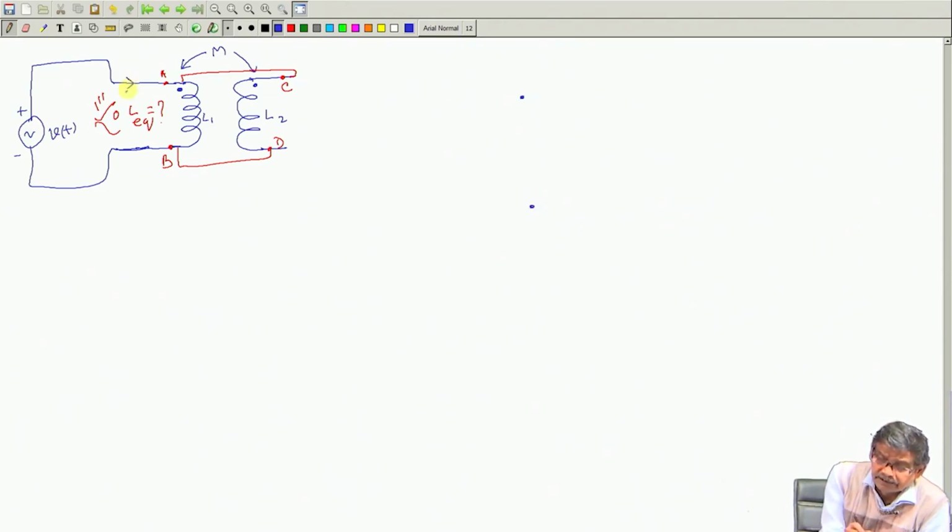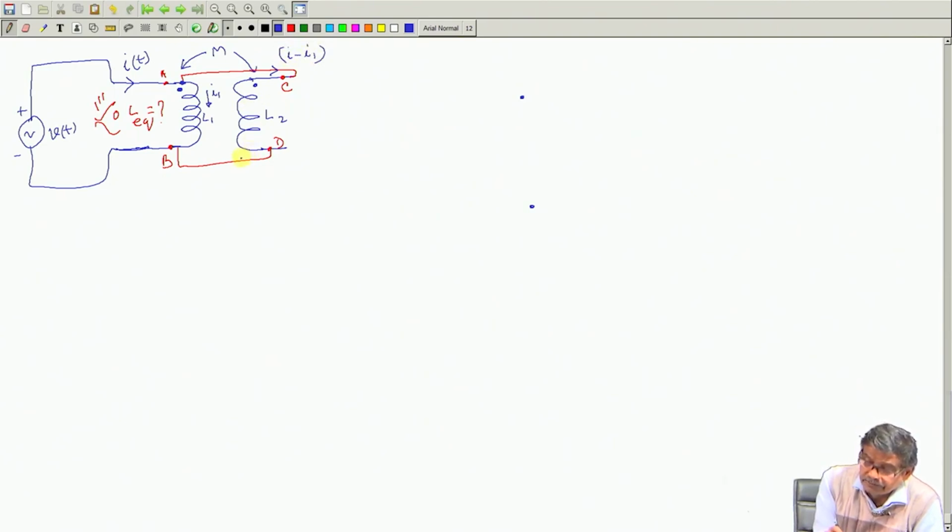First of all, let the current drawn from the supply be IT, and let this current be I1. Then I will apply KCL at this point and say that current flowing in this coil is I minus I1.